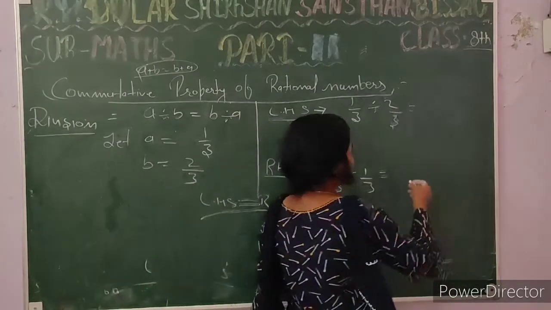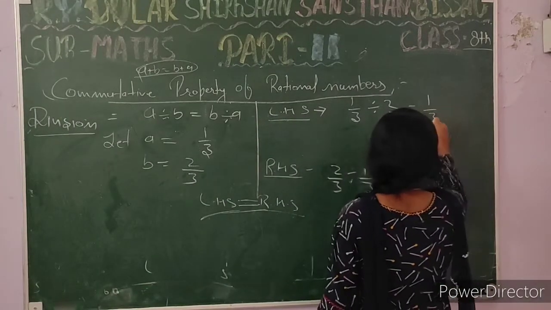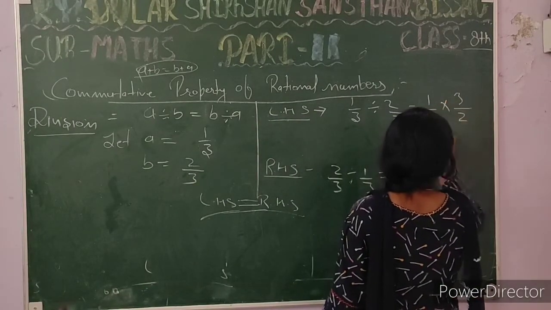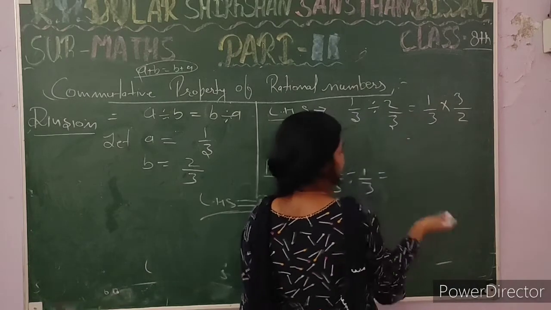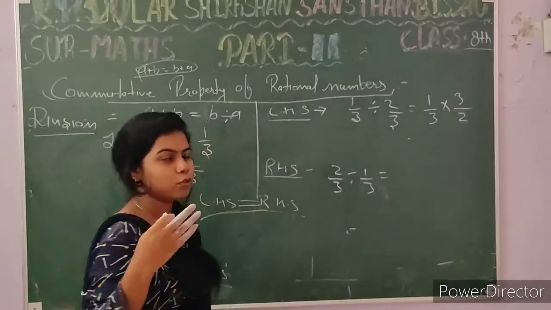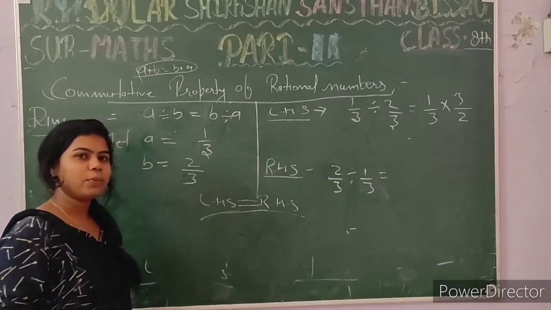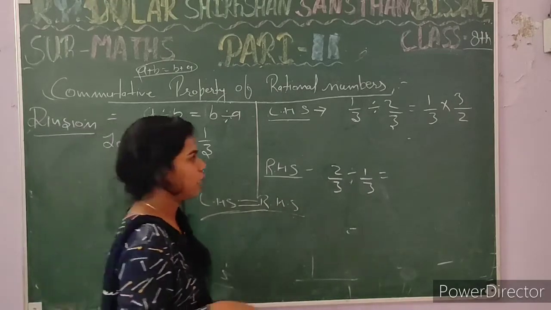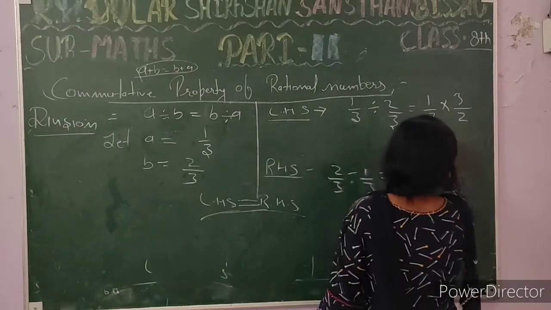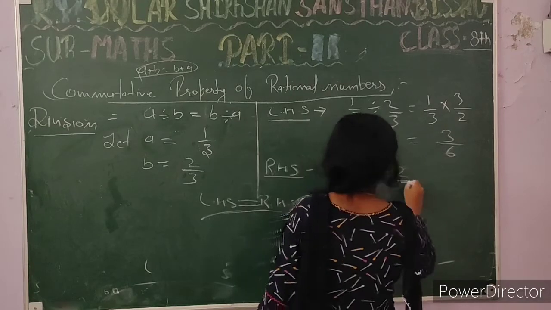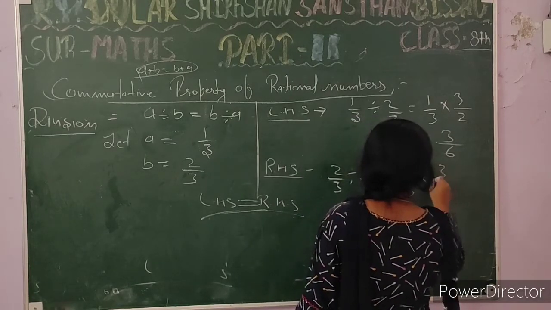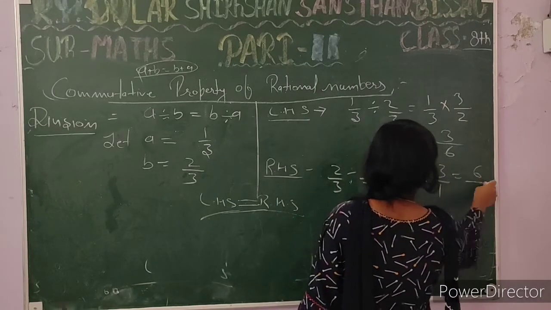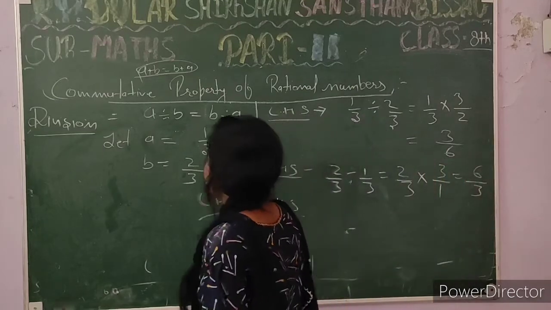Then what is the reciprocal of 2 by 3? It is 3 by 2. Reciprocal means opposite: the numerator changes to the denominator, and the denominator changes to the numerator. So 1 by 3 times 3 by 2 becomes 3 by 6, and 2 by 3 multiplied by 3 by 1 becomes 6 by 3. Students, both are different.